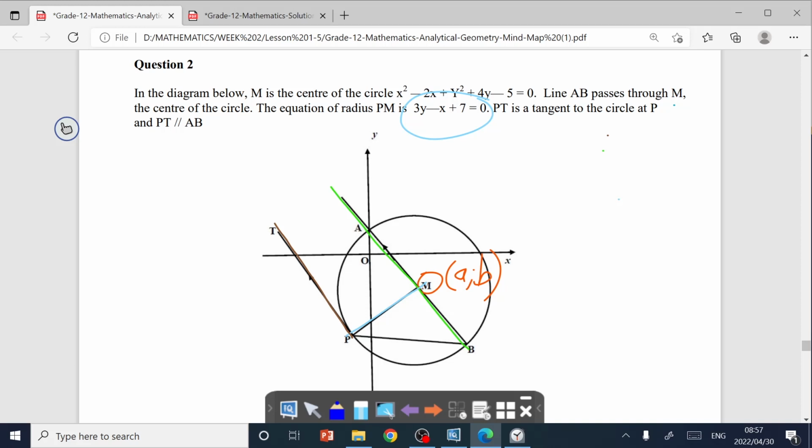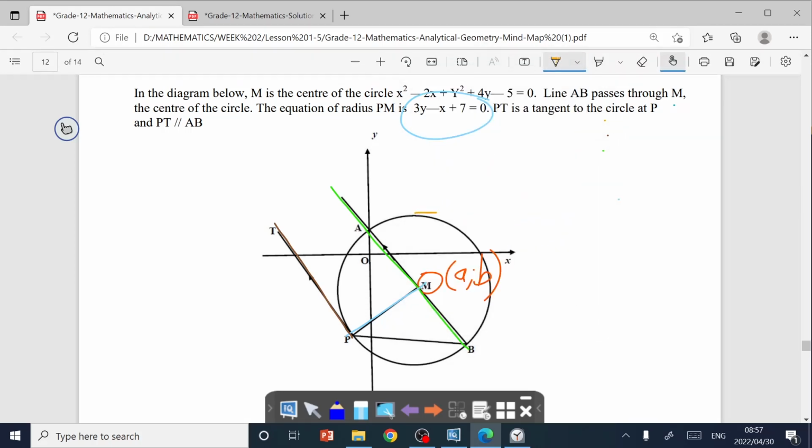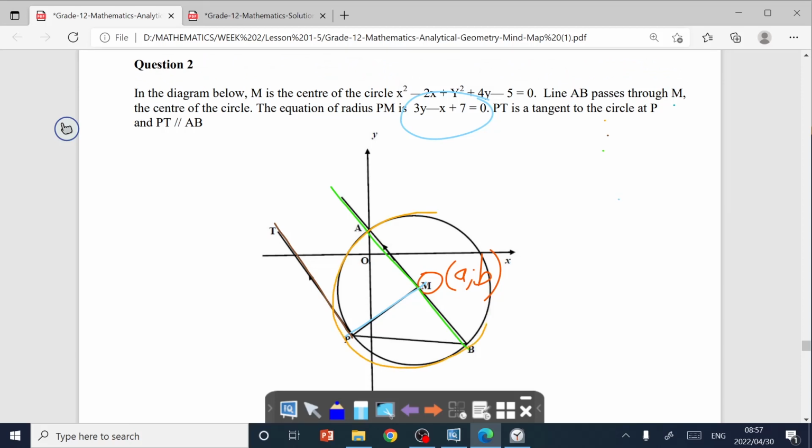Very good. Now, what is the relationship between... Actually, let me ask this question like this. What can we say from the statement that we've been given there? We've got a circle, we've got a tangent, we've got the radius.